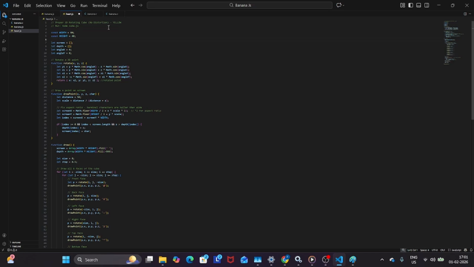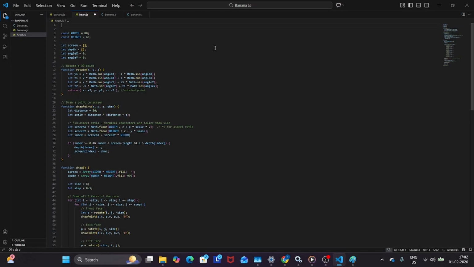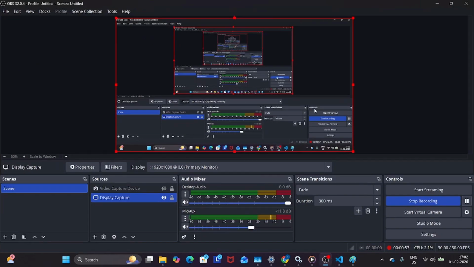There is no distortion. Before, there was a lot of distortion in my code, but now there is none. I'm going to give a link to this code down below, so you can download it from there.